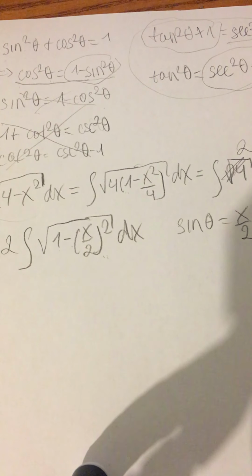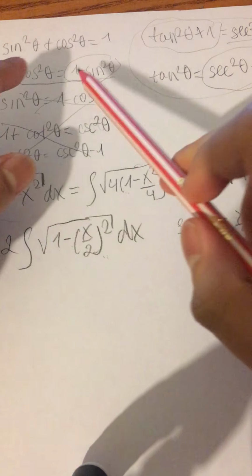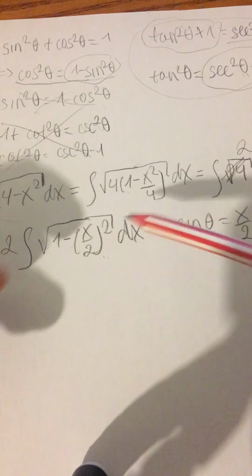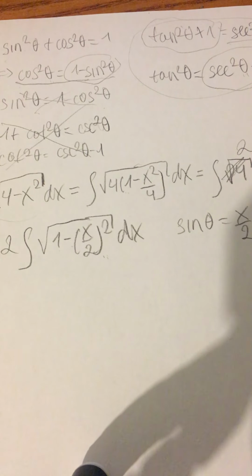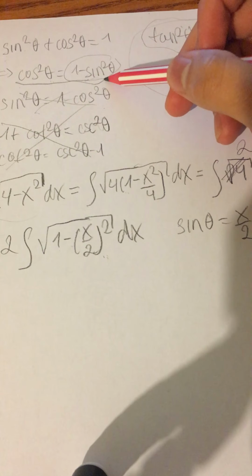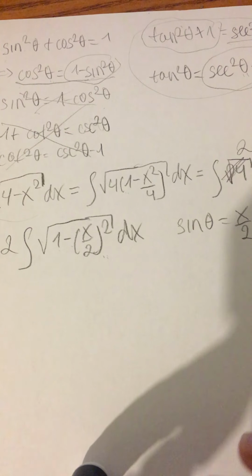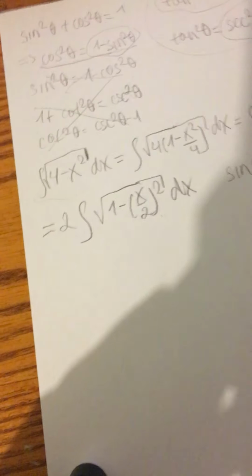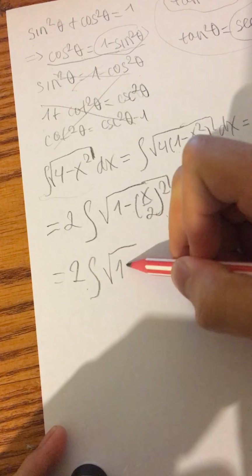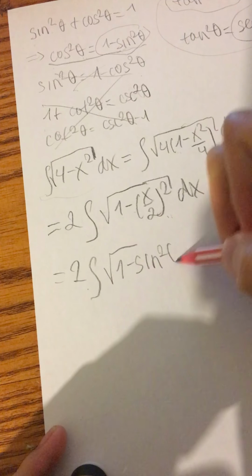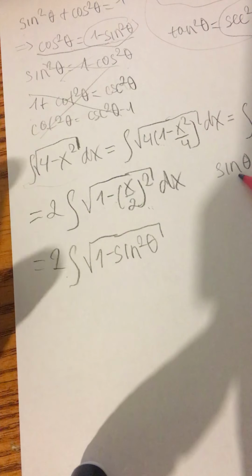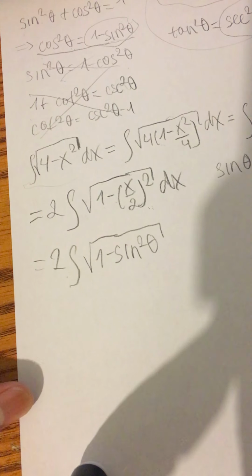Do you see what I did there? I just got it into one of these forms, and then I said, okay, now let's replace it by sine. So then if I do that, I'm gonna get 1 minus sine squared, because we said sine theta equals x over 2.